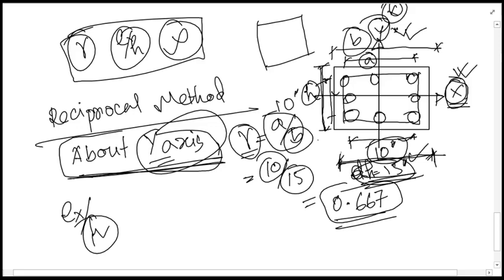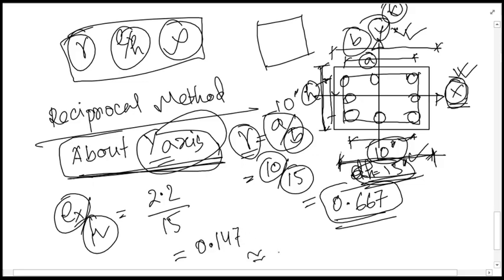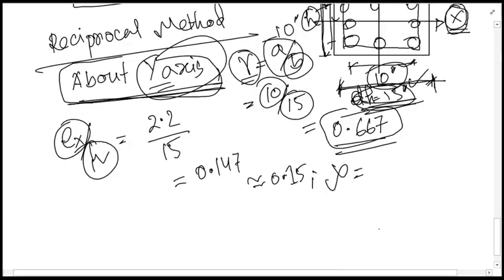So ex by h will be equal to 2.2 divided by 15, and that will give you a value of 0.147, which we can write as approximately 0.15.